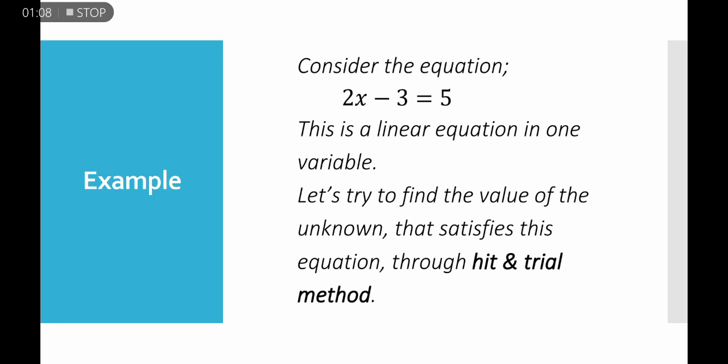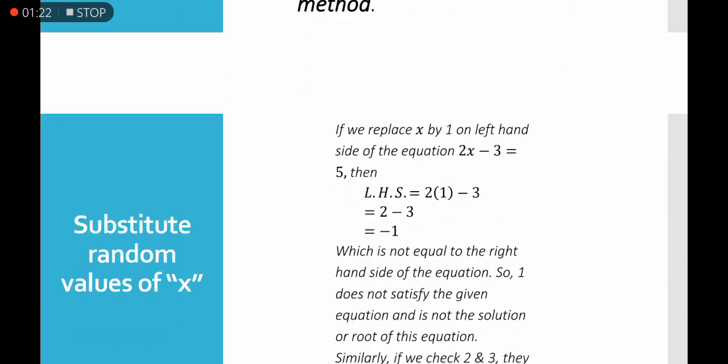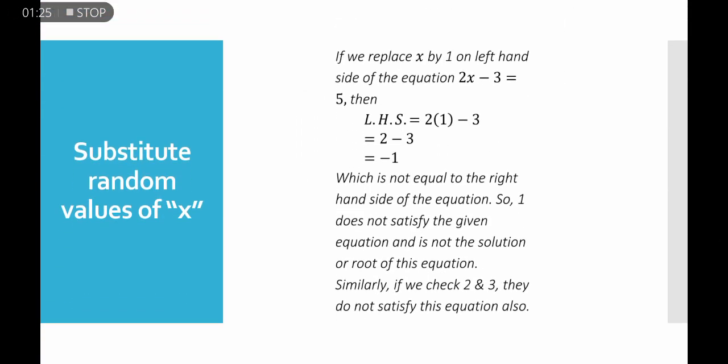This is a linear equation in one variable. Let's try to find the value of the unknown that satisfies this equation through hit and trial method. Substitute random values of x.